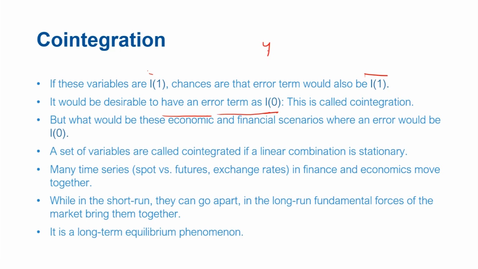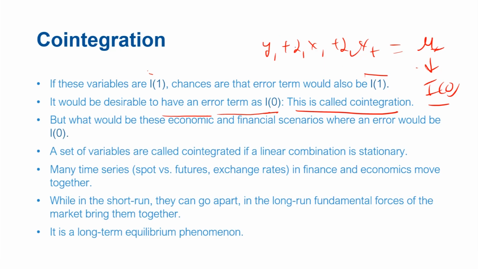And in case in that model, where y1 plus alpha 1 x1 plus alpha 2 x2 is mu t, if you find that mu t is I(0), then this is called cointegration. That means y1, x1 and x2 are cointegrated with each other. What could be those economic and financial scenarios and influences that will lead to I(0)?